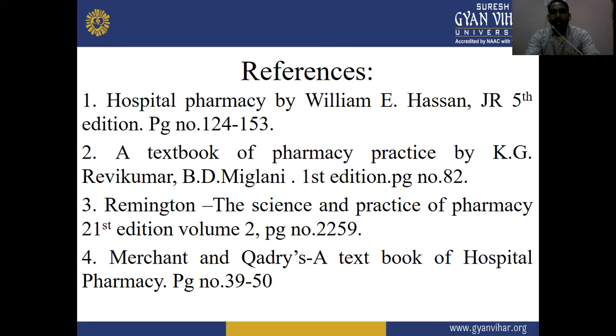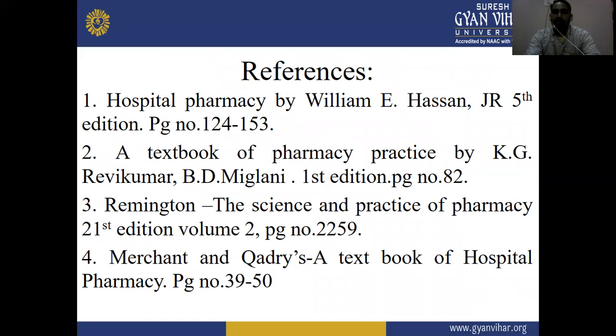Next one, the references for this topic. First reference is Hospital Pharmacy by William E. Hassan, 5th edition, page number 124 to 153. Next reference is A Textbook of Pharmacy Practice by K. Ravi Kumar and P.D. Meglani, first edition, page number 82.